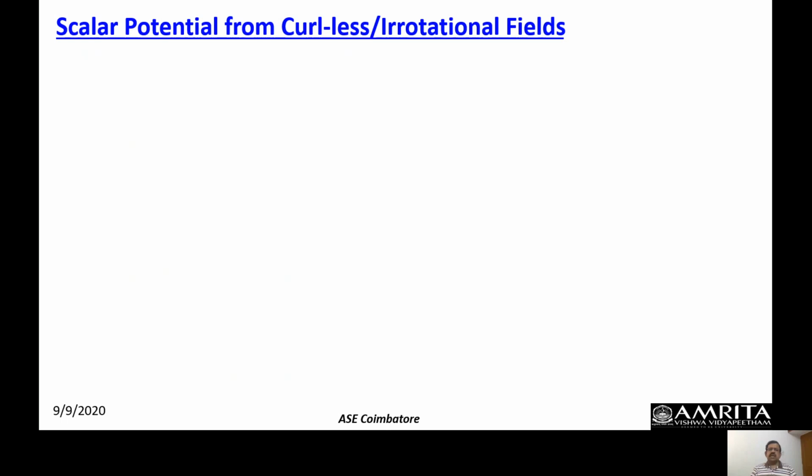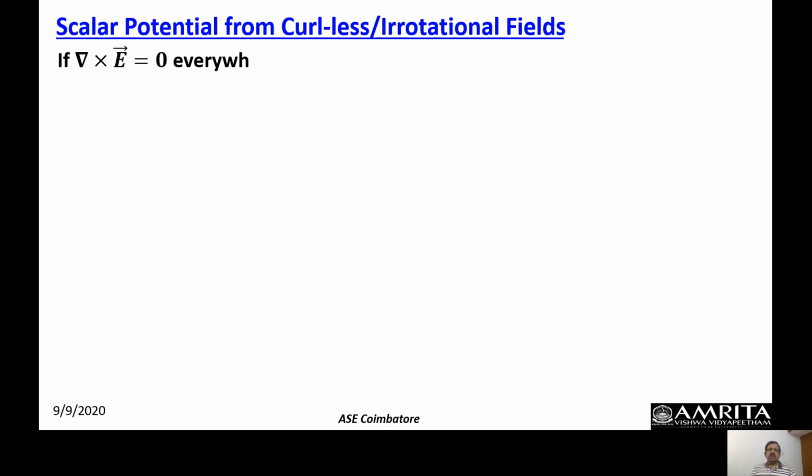As the title says, scalar potential from curlless or irrotational fields, which means the potential function associated with a vector field which has no rotation at all will be a scalar. So the potential function must be a scalar. How? By irrotational fields, we know that del cross F mathematically must be 0, if F represents the vector function.